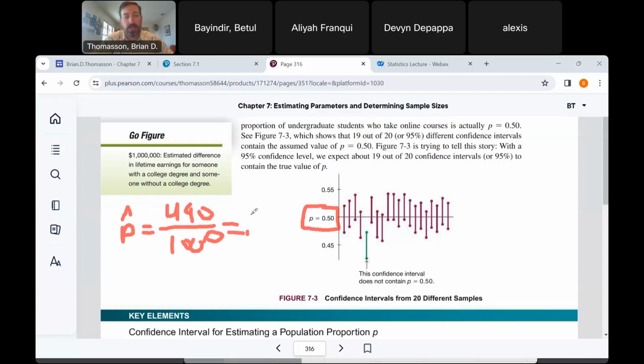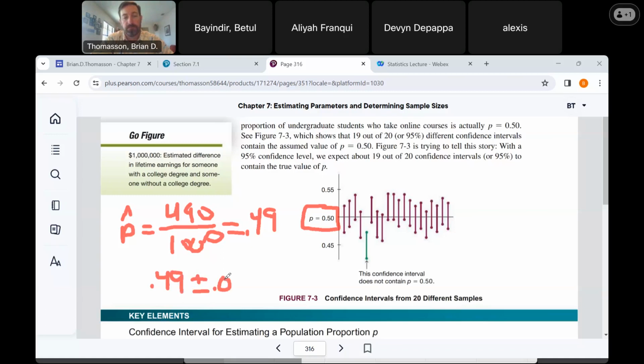Now, if we build a confidence interval around that, if we add and subtract 2 standard deviations, obviously I'm making these numbers up, but I'm just trying to emphasize what we're trying to do in general terms. Say that's 0.02.